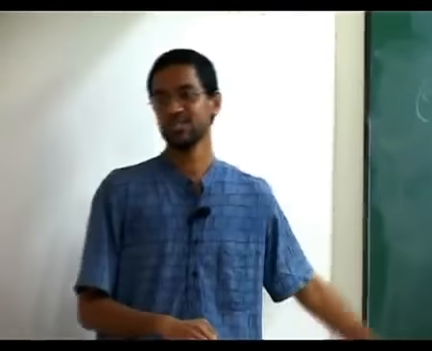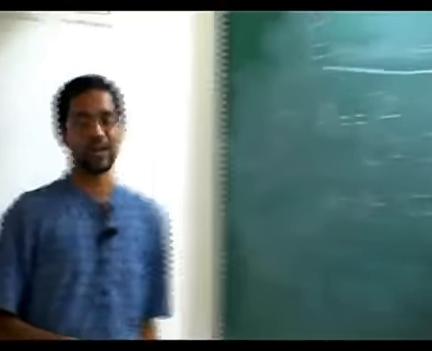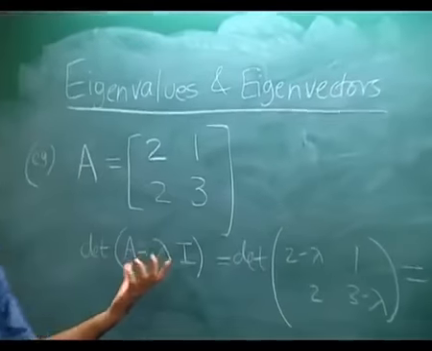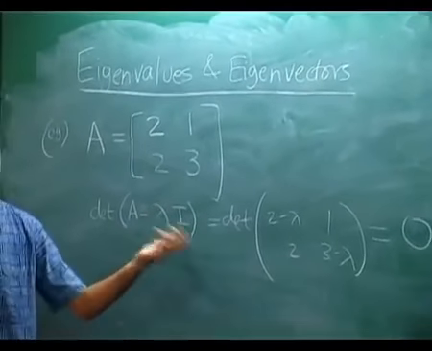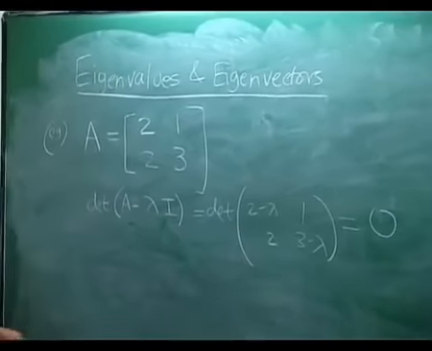It is singular. Yes, that's the word I was looking for. It's not invertible, right? So essentially your condition here is you're trying to find values of lambda which will make this singular, which will make this non-invertible. So that is the point.